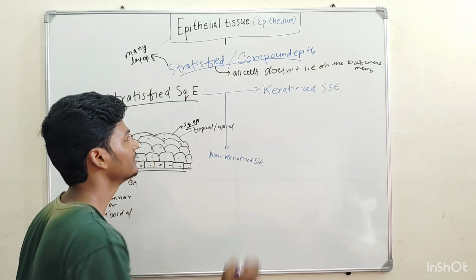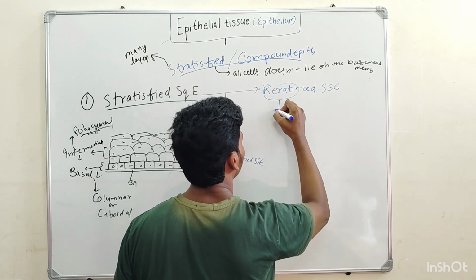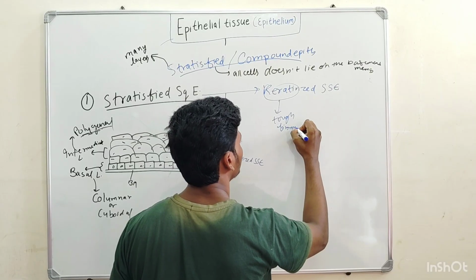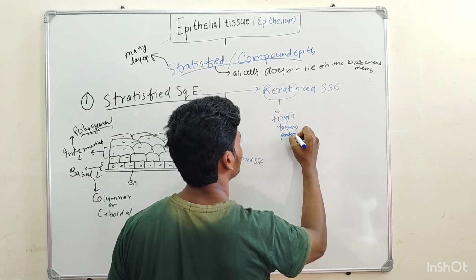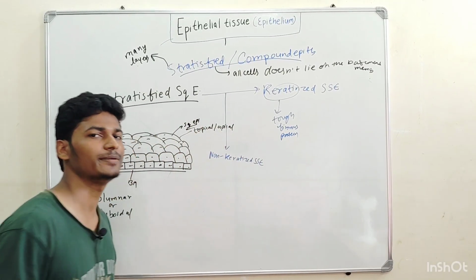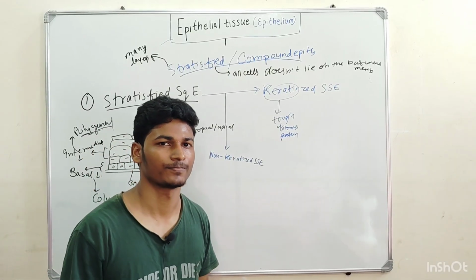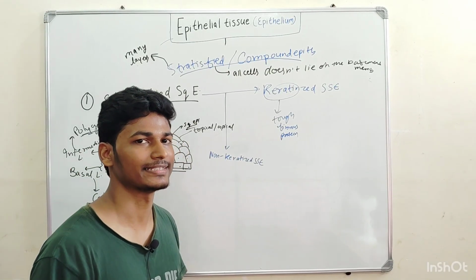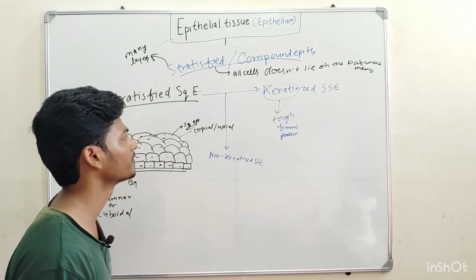Actually, keratin is a tough fibrous protein, and it protects your body from friction, microbes, mechanical stress, and so on.